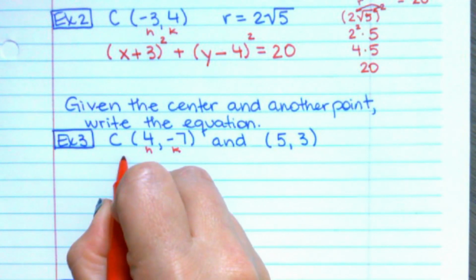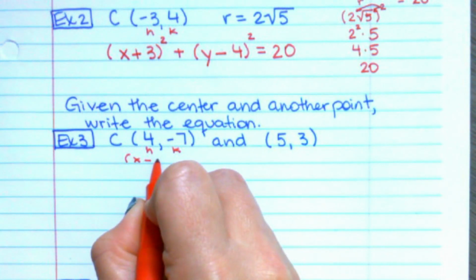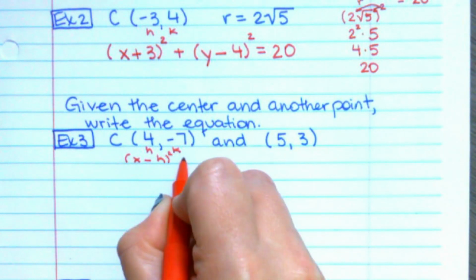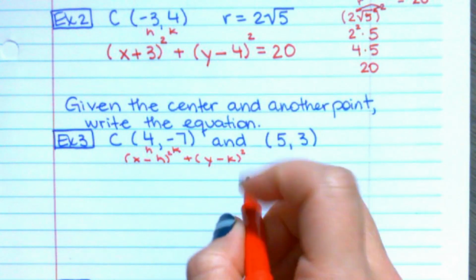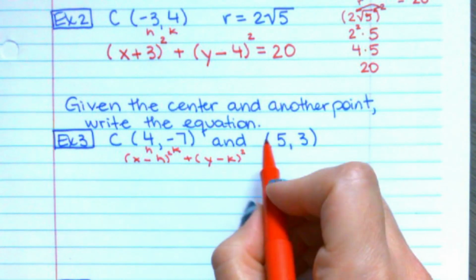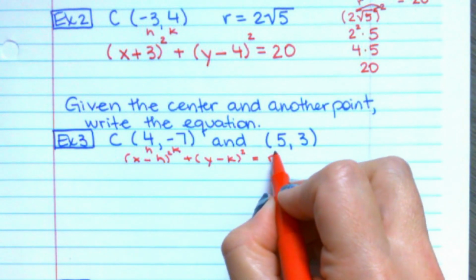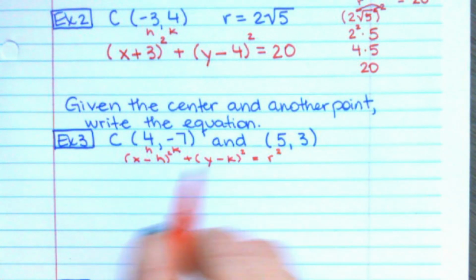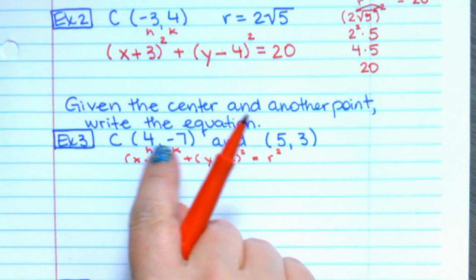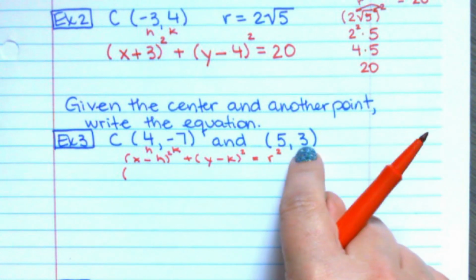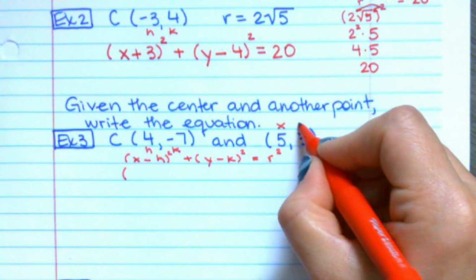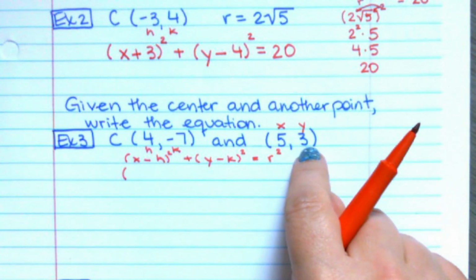Okay, so I have the formula X minus H squared plus Y minus K, I'm just copying the formula from the very top so I have something to point to, equals R squared. All right. So H and K right there, and then the point that I have here is going to be X and Y.